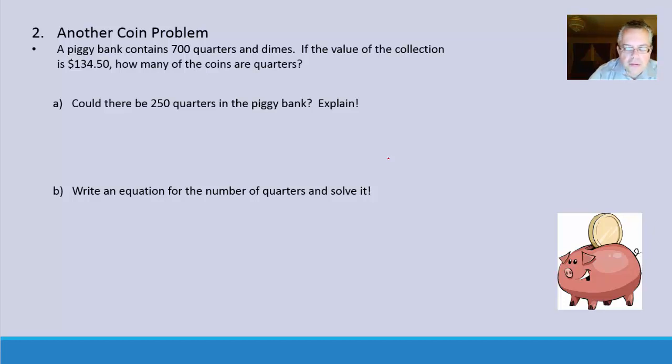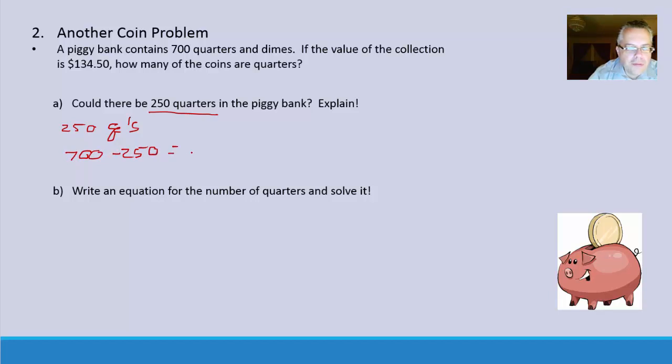All right, so we're going to try to solve this problem in terms of the quarters. So the first question is, could there be 250 quarters in the piggy bank? Well, if we know that there are 250 quarters, that tells us how many dimes there are. So if there are 250 quarters, 700 minus 250 are the number of dimes.